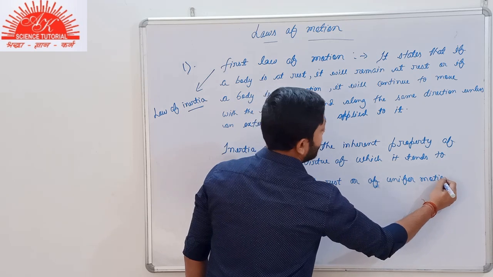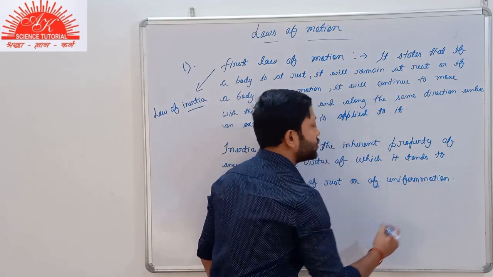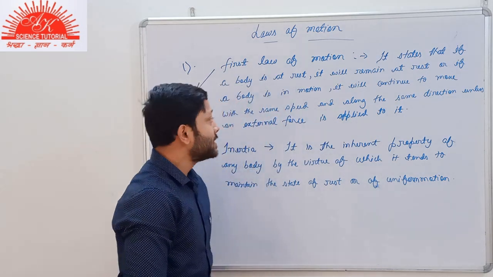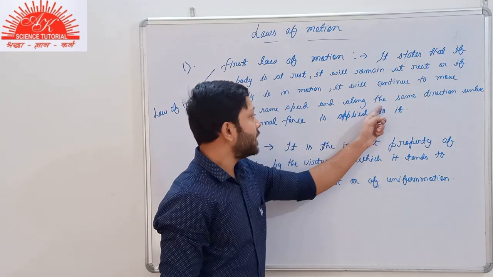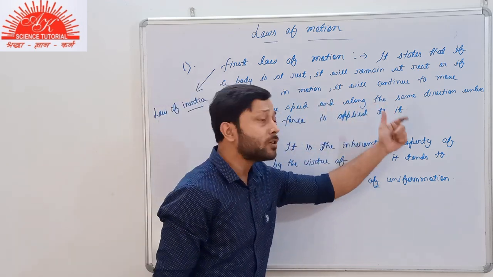Now keep it in mind, whenever I use the term uniform motion, it means that the body will continue to move with the same speed and along the same direction.